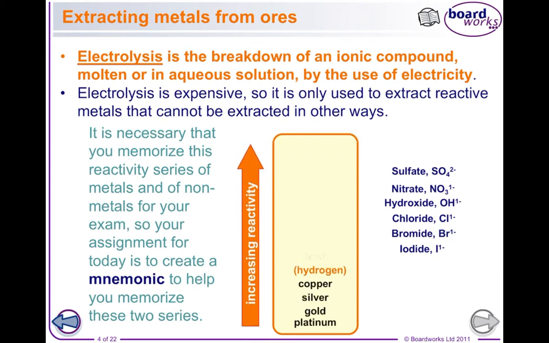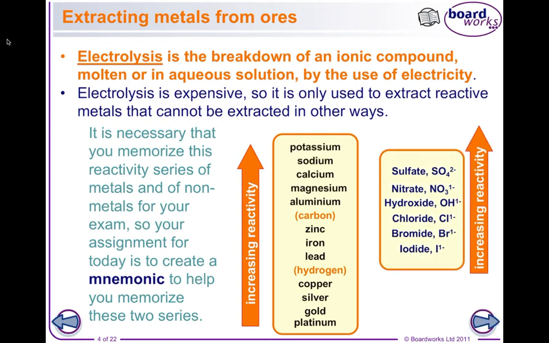All right. With electrolysis, let's just do a little refresher to make sure we remember what that is, because you do need to know the definition. So electrolysis is the breakdown of an ionic compound. Remember, ionic compounds contain both a metal and a nonmetal.